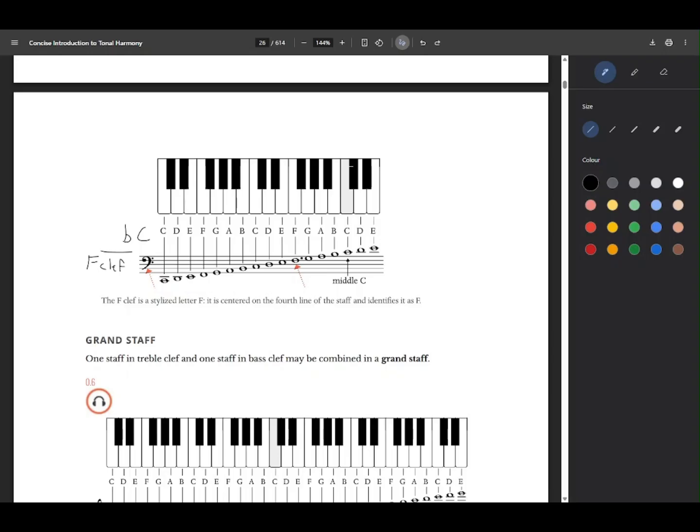This is our F, and this is assigned to the fourth line of our staff. This is an important point to remember when we're trying to figure out what the other notes of this clef are. This is a good starting point, our F.